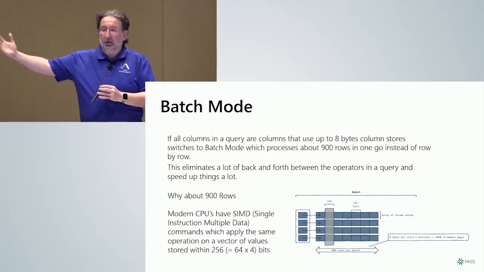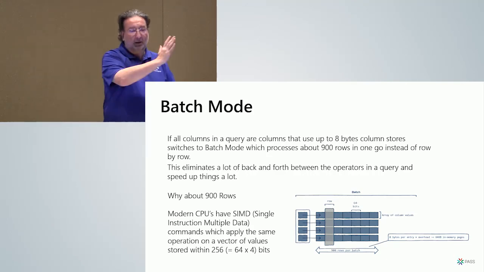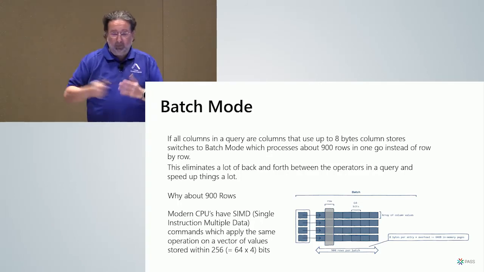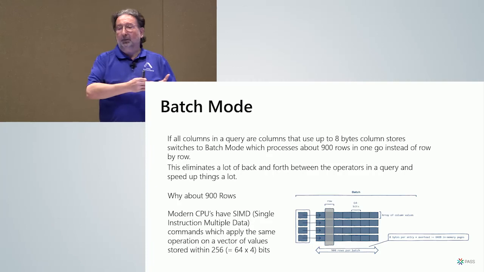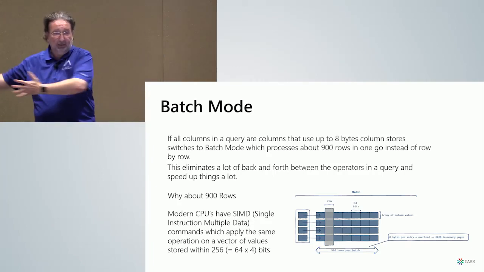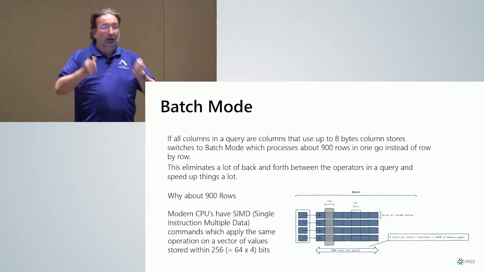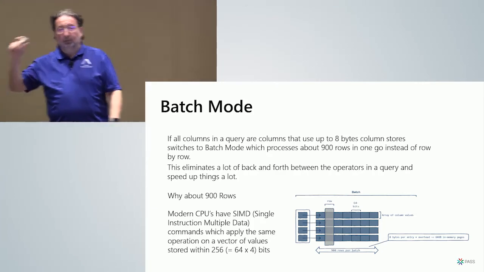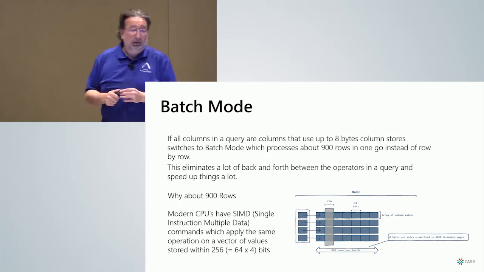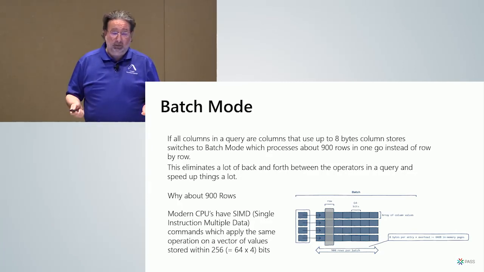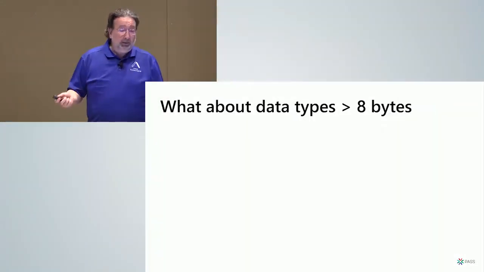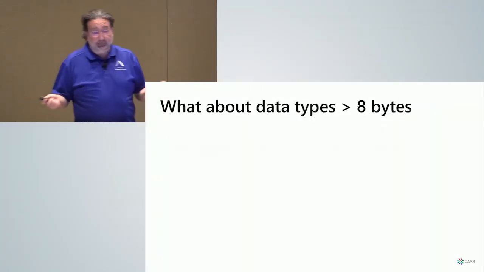So not just that it works on 4 columns at the same time, it moves the data in 64 kilobytes at a time through the whole process, which is much faster than 1 column at a time. Yeah? So that's batch mode. It makes it a lot faster. So what happens with data types that are larger than 8 bytes?